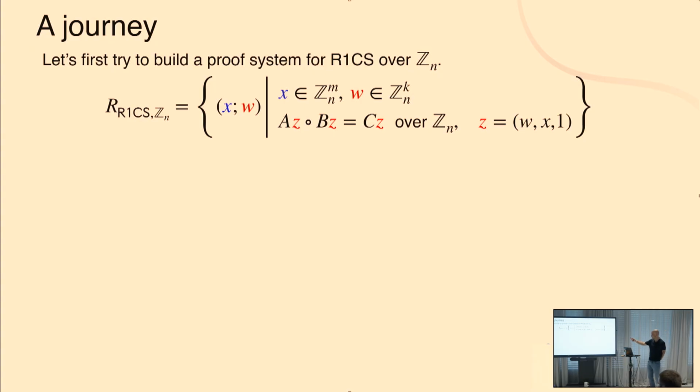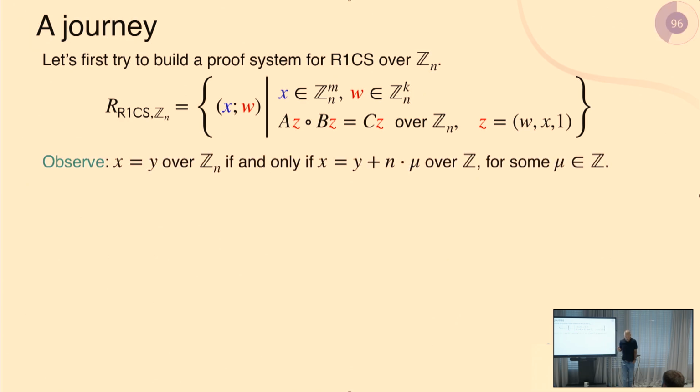Here we have the usual Hadamard product of matrix-vector multiplications, which is supposed to equal another matrix-vector multiplication. And this Z is the concatenation of the public instance and the witness. An initial observation is that things are equal in Z_n.